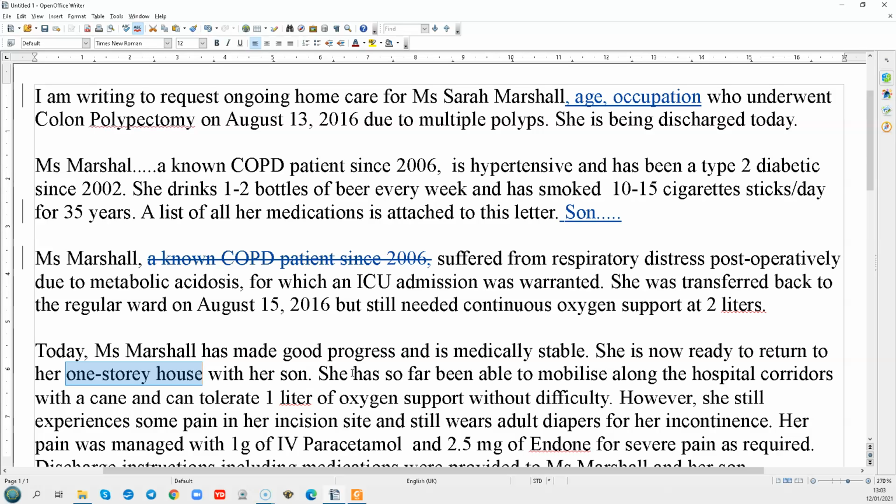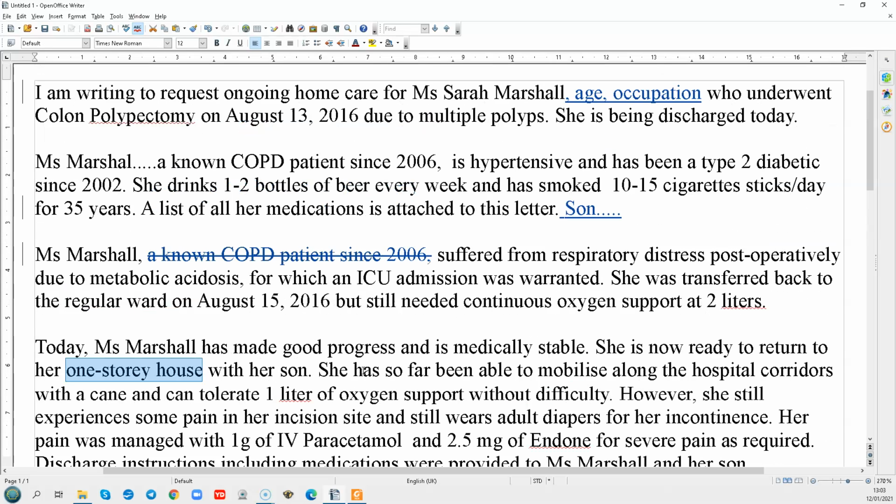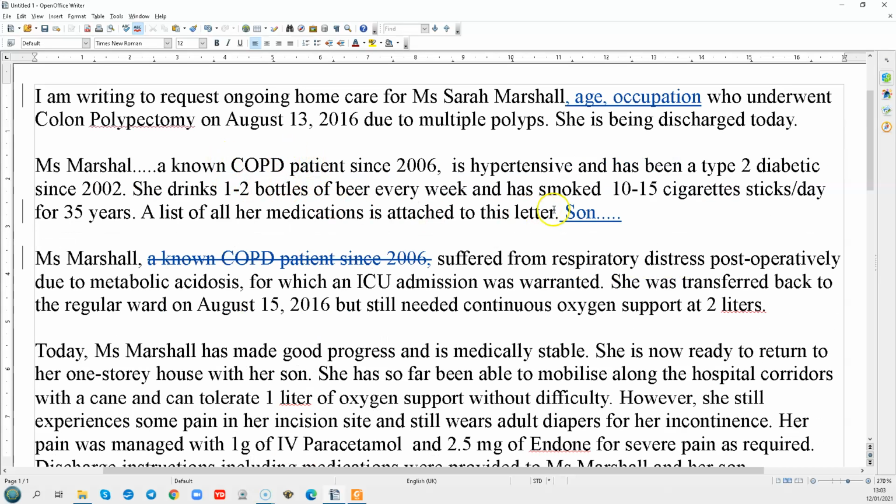If it's one story, there are no stairs, so you don't have to mention it. If she was living in a normal house with stairs, then you might have to say something about she needs a chairlift or something. But one-story house, we don't really need that there. So get your purpose, put your history, your social and medical stuff here. Lives with a son.